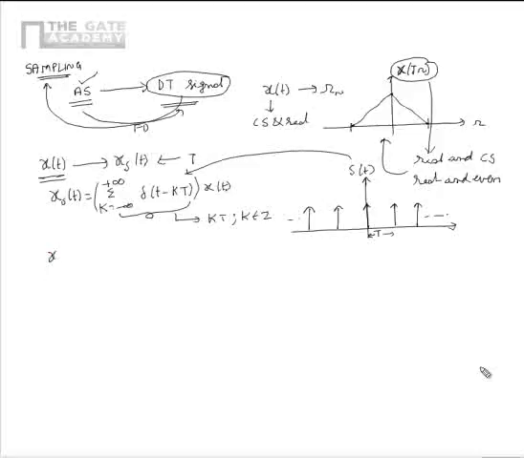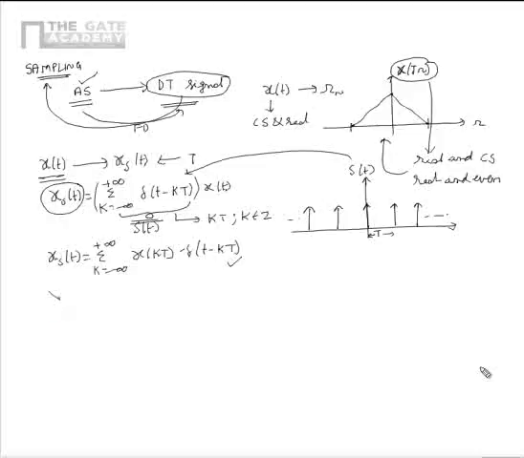From this, we can simplify the signal xs of t as sigma k equal to minus infinity to plus infinity x of kt multiplied by delta of t minus kt, where t is the sampling interval. Now we see that xs of t is obtained by multiplying s of t with x of t.